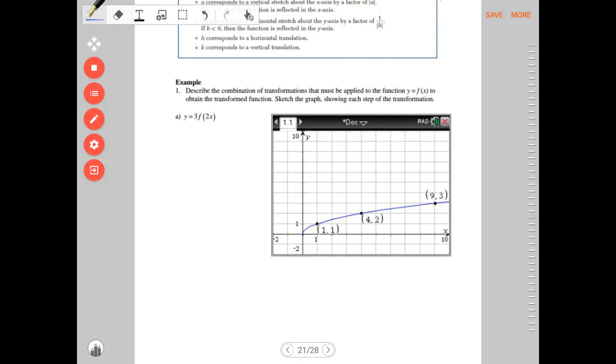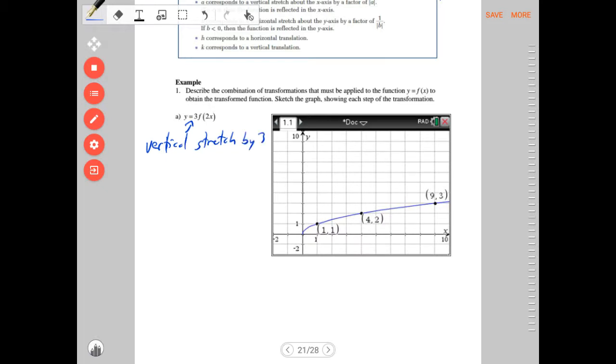Describe the combination of transformations that must be applied to f of x in order to obtain the transformed function, then sketch the graph showing each step. Here we have a 3, so that is a vertical stretch by 3.